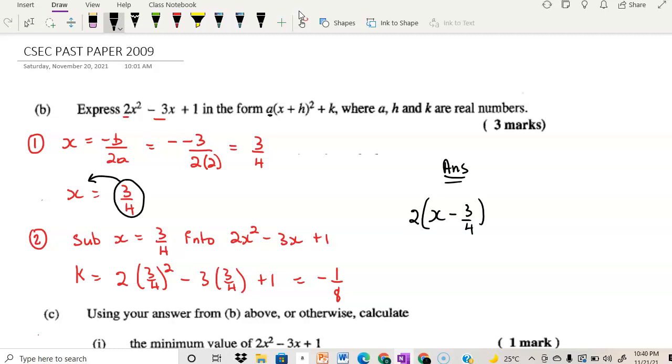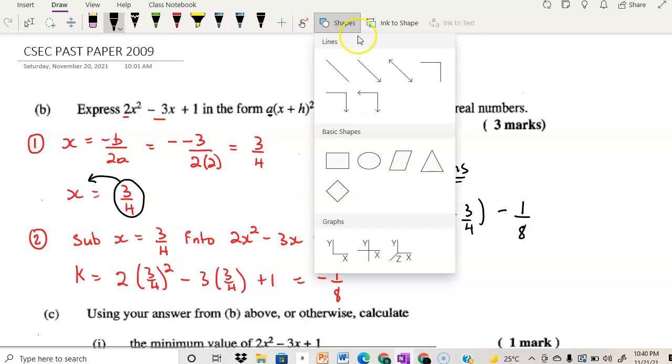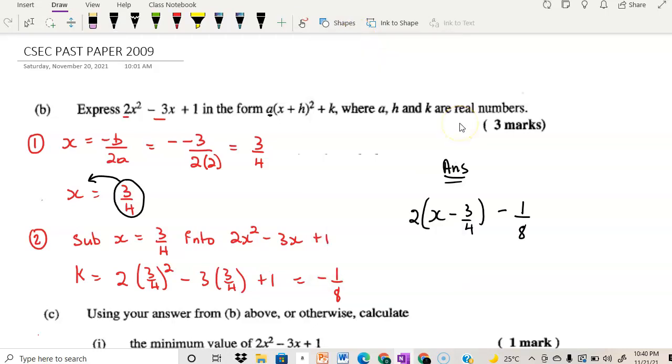And the value of k is minus 1 over 8. We're good? So that is your first 3 marks right there. Question number 9, 2009 B.